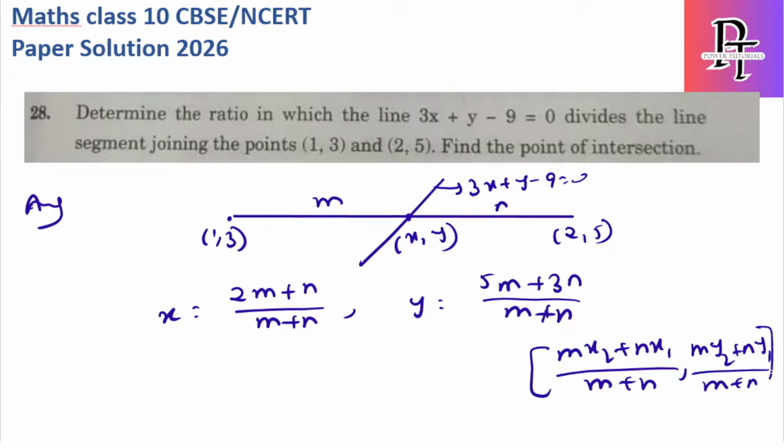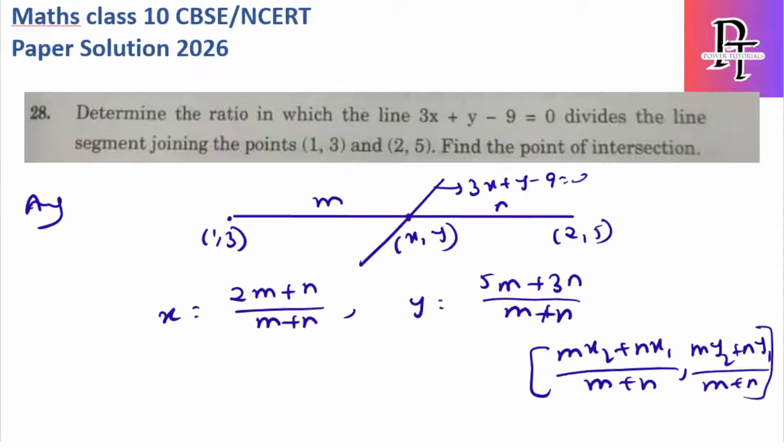I have used this formula to write this. Now I am substituting these x and y values in the equation they have provided, to get the m to n value.